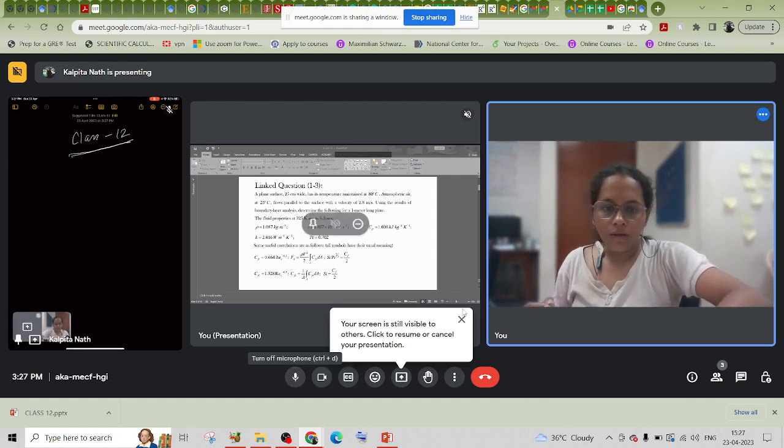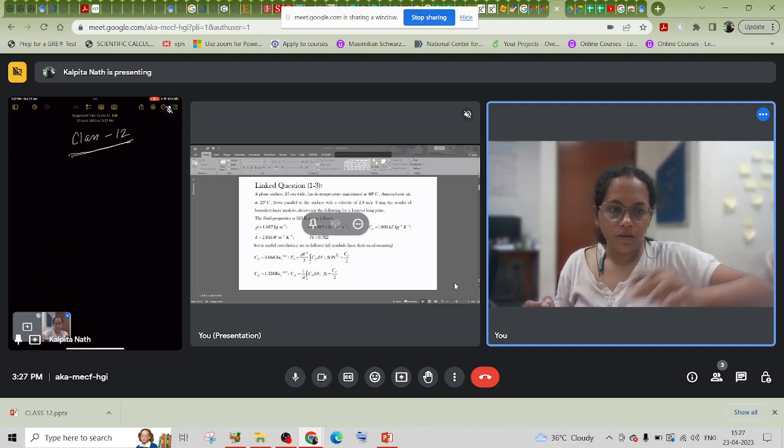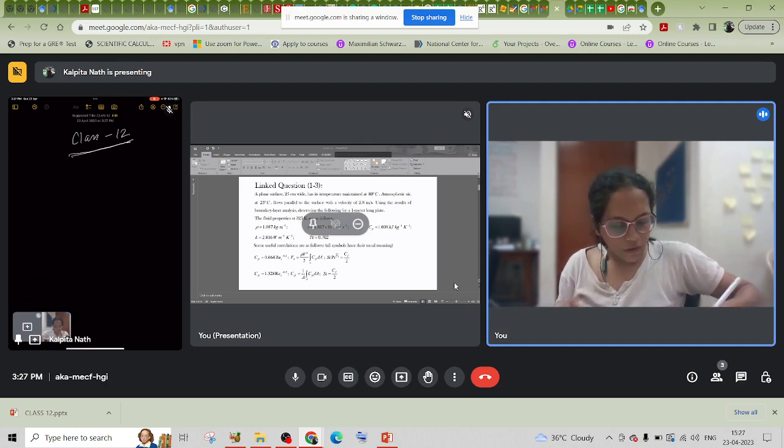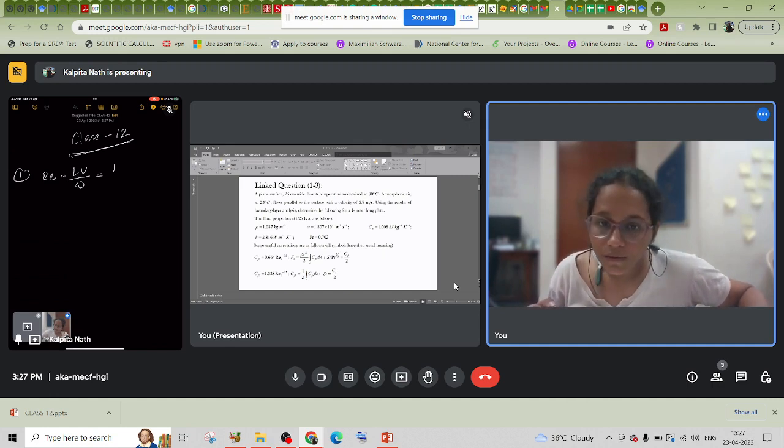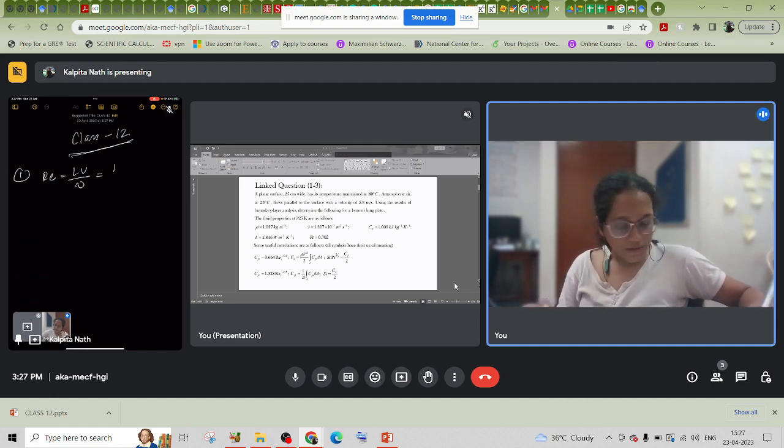Okay, I hope I'm audible and visible. So, for the first question, we first have to find the Reynolds number. Reynolds number is LV by nu. L is 1, as it's given as a 1 meter long plate, right? V is 2.8 and nu is 1.807 into 10 to the power minus 5.